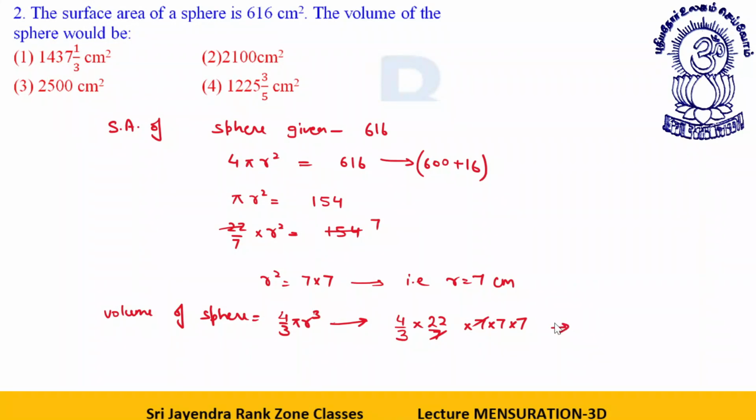See, in the denominator it is 3. 4 into 22 into 7 into 7 divided by 3. Only one option is there which has 3 in the denominator. Only option 1 is possible.